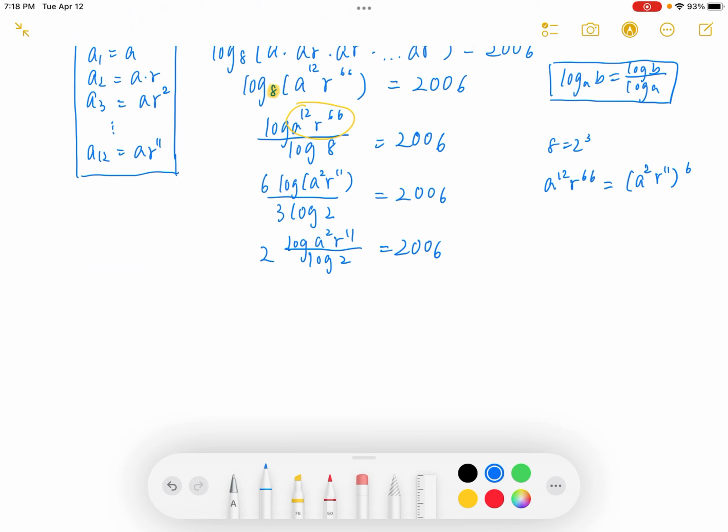So we bring the 2 back into the base, and we will have log base a of a squared r to the power of 11 equal to 1003.